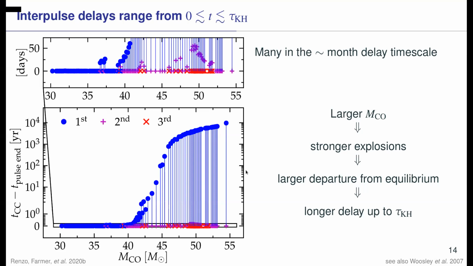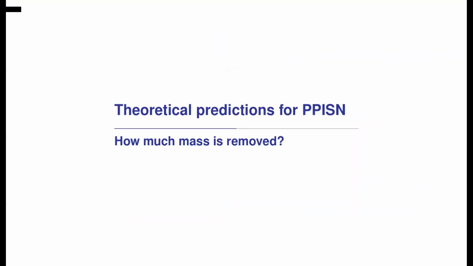Okay, so I also want to show you how much mass is removed, which in a sense I already gave you a flavor of by showing you the black hole masses, but it's also interesting to see how it is broken down between individual pulses, because these will shape the circumstellar material around these stars and determine whether we can see them or how transients from them will look.